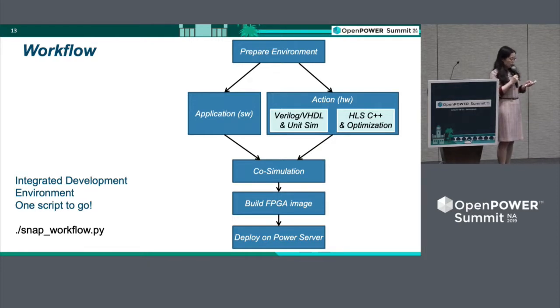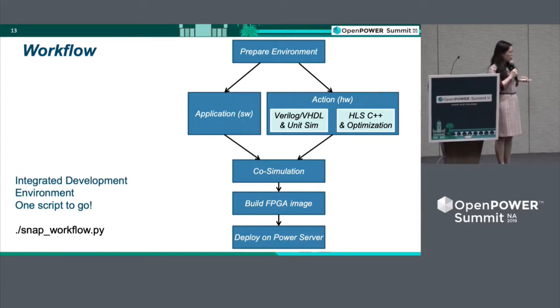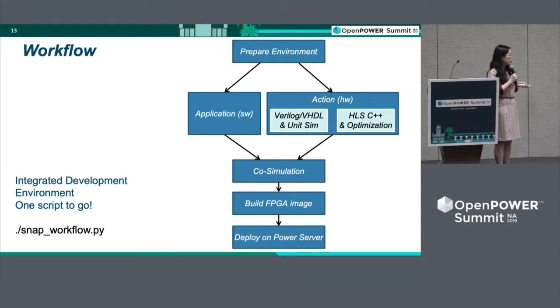All right, so this is the main workflow for OpenCAPI Acceleration Framework. It is more like an integrated development environment, IDE. We have optimized those steps to be integrated in one Python script. It is called Snap Workflow.